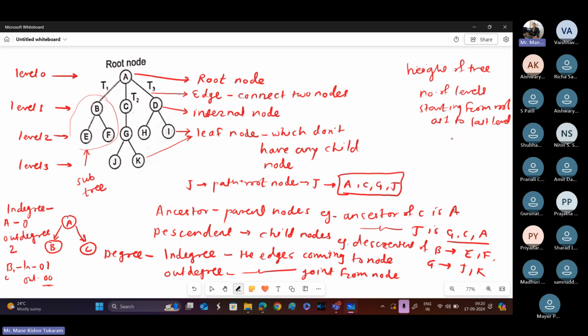So for this particular tree, the height is 1, 2, 3, 4. So the height is 4.